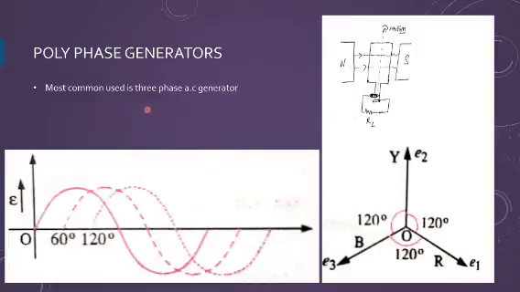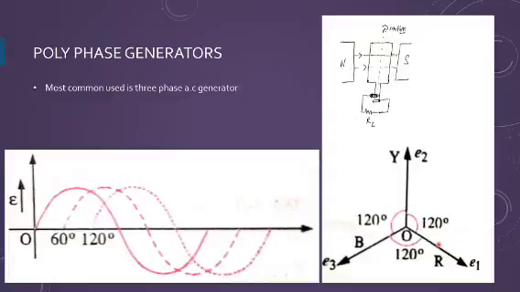So there we use a three phase AC generator, where I have three coils kept at an angle difference of 120 degrees each. So I am able to get three phases at these angle differences of 60 and 120. All sine graphs will be there, but which phase you want to take at one particular time you can always decide, and you can turn the switch on for that.